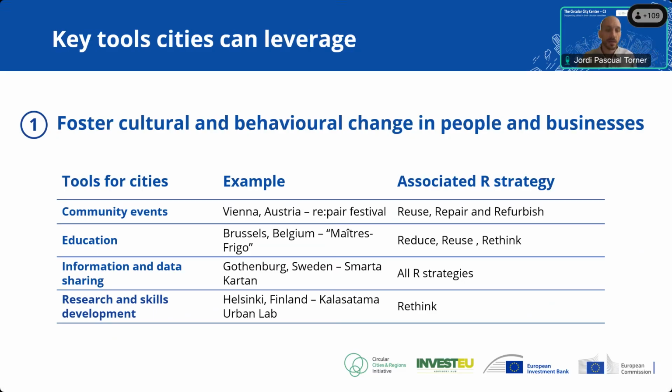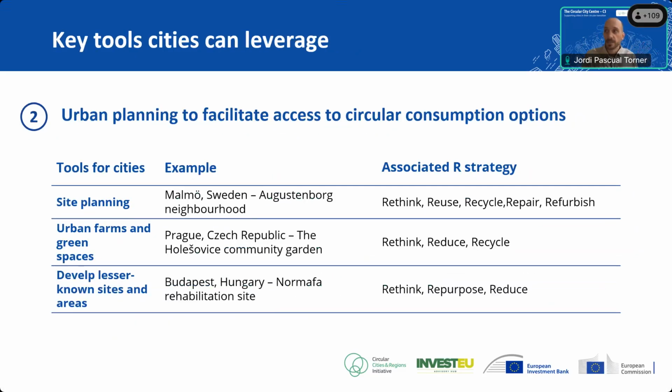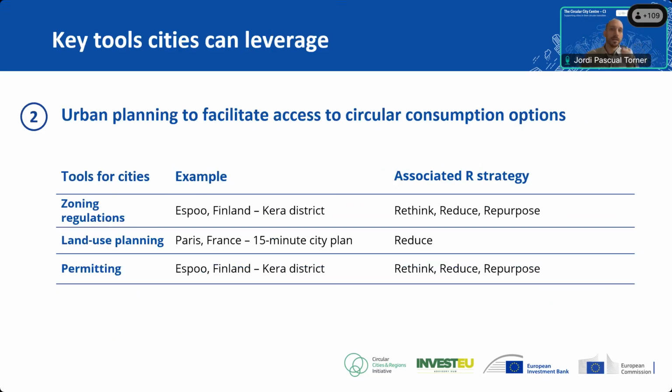Then a second tool that you can use and that you have at your disposal is urban planning to facilitate access to circular consumption options. And here, site planning, urban farms and green spaces, develop lesser known sites and areas. And I believe there's a slide before this one, which actually refers to zoning regulations, land use planning, and permitting.